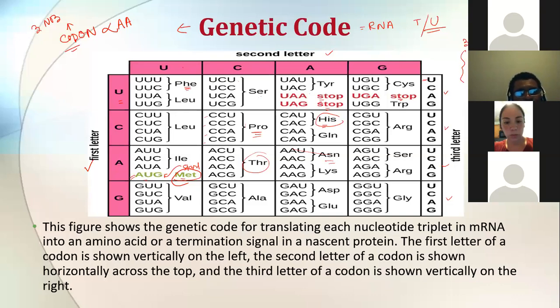Now, by arranging these 3 nitrogenous bases, out of 4, by doing permutation and combination, you can make, at the highest, 64 codons.